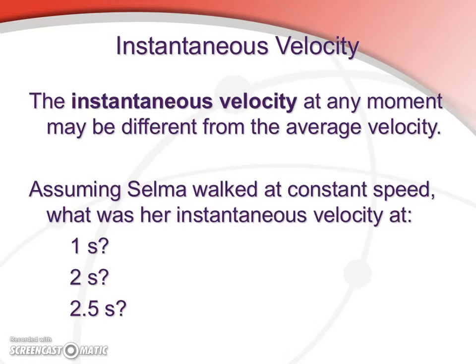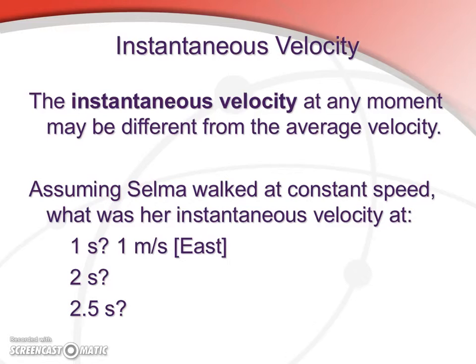And we can go back through and we can look at Selma walking at constant speed and look at her instantaneous velocity. Remember, she walked for 2 seconds, she walked east. So at 1 second, her speed was 1 meter per second east.